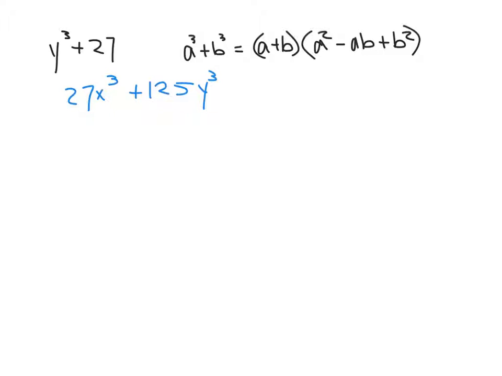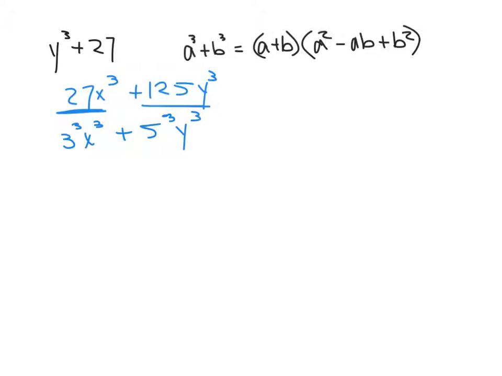Now remember, I said we have to write each one of these with a cube sign. The x has the cube sign here, and the y does, but the 27 and 125 don't. So I'm going to write this as 3 cubed, and 125 is 5 cubed. 5 times 5 is 25, times 5 is 125.